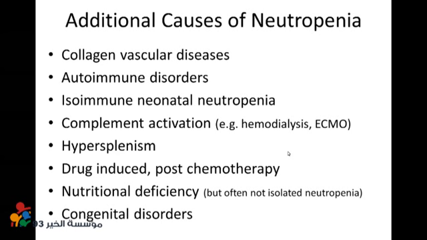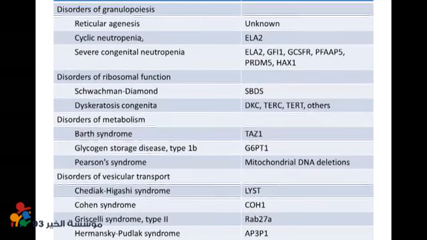And then congenital disorders. So this is a list of congenital disorders. We are not going to go through these, so don't worry. I don't memorize them, but I know some features about them that can help me. These are labeled in groups based on whether they involve ribosomal dysfunction, disorders of metabolism, or disorders of vesicular transportation.